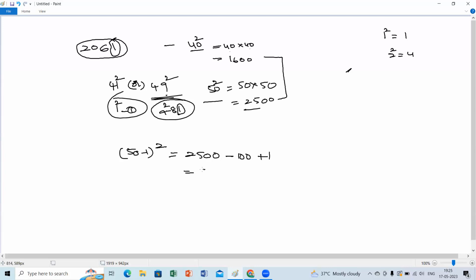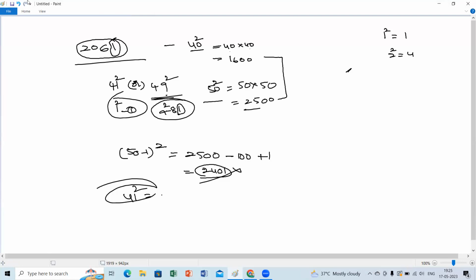So it's 2401. So this case is not true here. They gave 2061. In the same way 41 square is also not possible. So maybe it is a non-perfect square number, children. Non-perfect square number. Yes, ma'am.